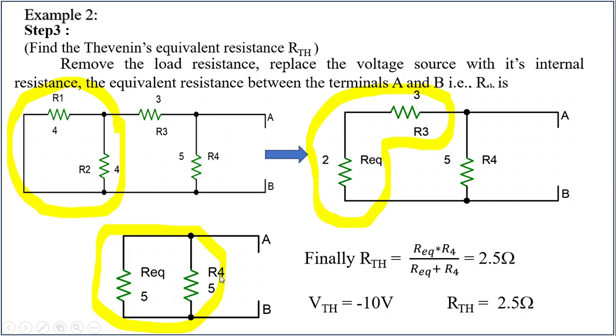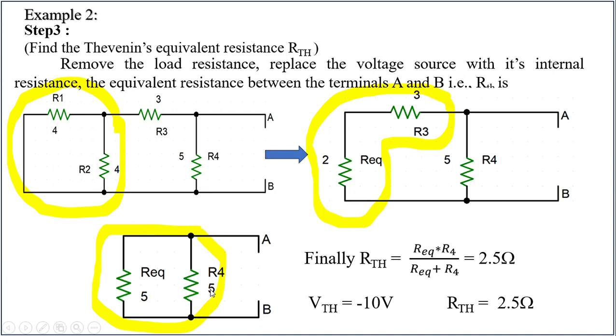Like if two resistors are in parallel with each other, we replace that entire combination with one equivalent resistor, that is R1 into R2 by R1 plus R2. Similarly, here 5 and 5 are in parallel with each other.